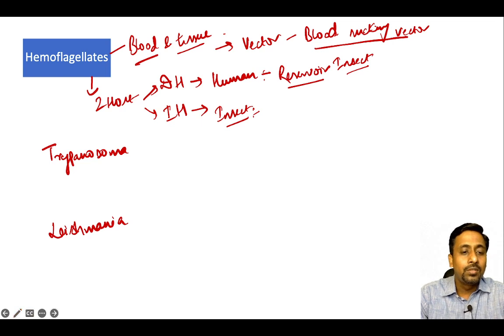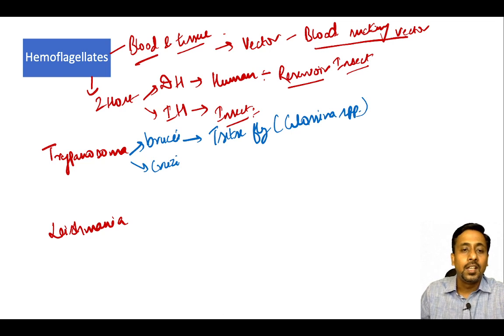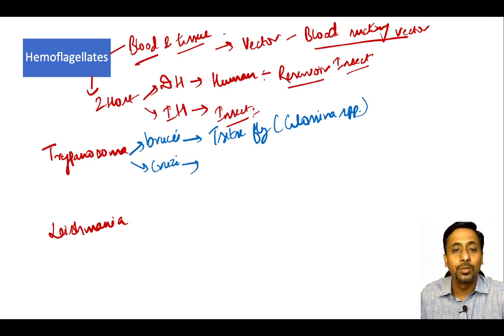In Trypanosoma, there are again two species, brucei and cruzi. The vector for brucei is the tsetse fly, scientific name Glossina species.